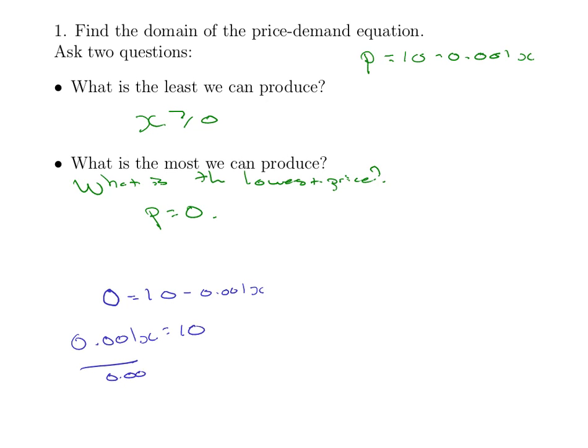Divide by 0.001, and we've got that our most production is 10,000. So what we've got here is that the least is 0, the most, maybe I'll say this, it has to be less than or equal to 10,000. So we can come up with an interval now like this.